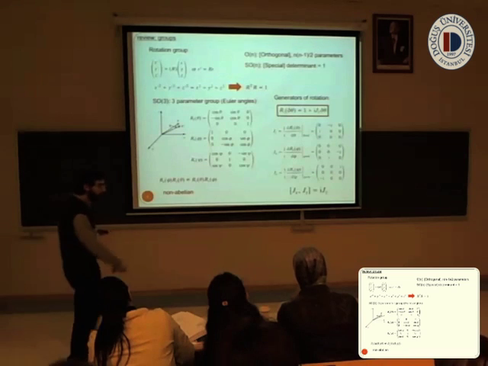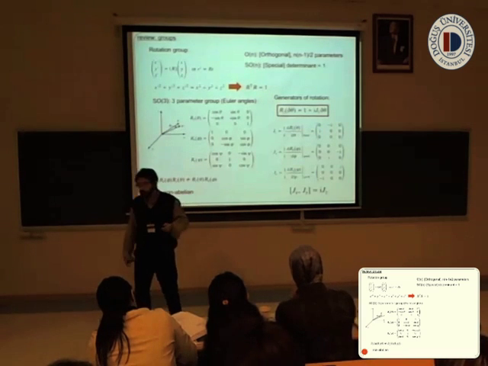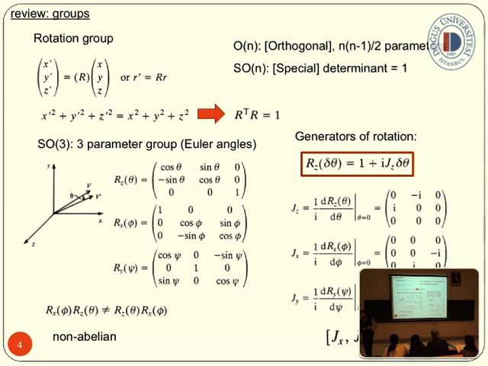Now, an important concept is the concept of generator of the group. The generator of rotation, as you know, is the angular momentum operator. The angular momentum operator generates an infinitesimal rotation. So from this expression, you can just solve for the angular momentum operator. You take the derivative of the rotation matrix and set theta equal to 0.